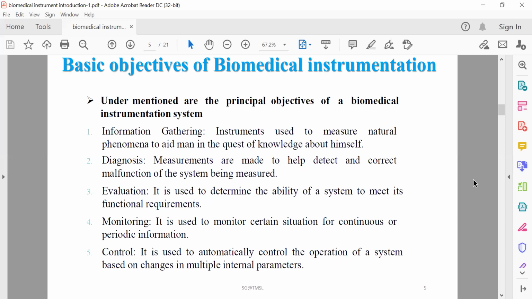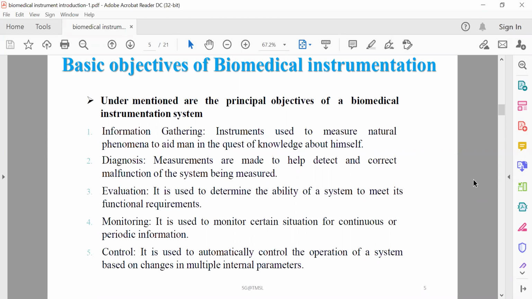Third is evaluation. Measurements help us to determine the ability of a system to meet its functional requirements, and sometimes this is treated as proof of performance or quality control tests.